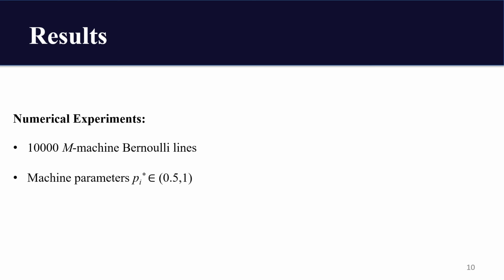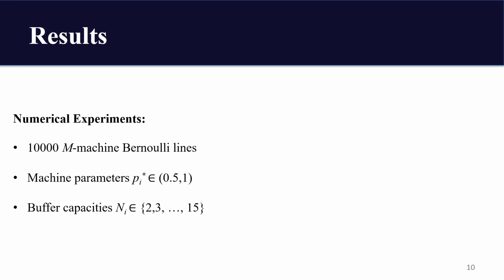To investigate the accuracy of the parameter identification algorithm in multi-machine Bernoulli lines, 10,000 multi-machine Bernoulli lines are generated with machine parameters Pi randomly and equiprobably selected from 0.5 to 1, and buffer capacities randomly selected from the range.